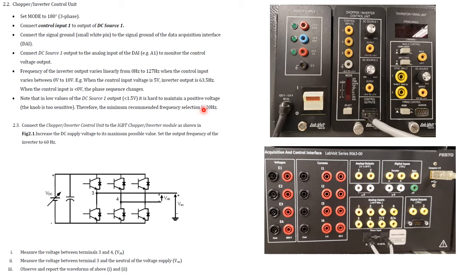If you put it on, let's say, 5 volts, you can change the voltage here using this. When you change this, you can see the voltage changing under the name A1 in the app. If you put it on 5 volts, the output frequency of the inverter that you measure here will be around this value.